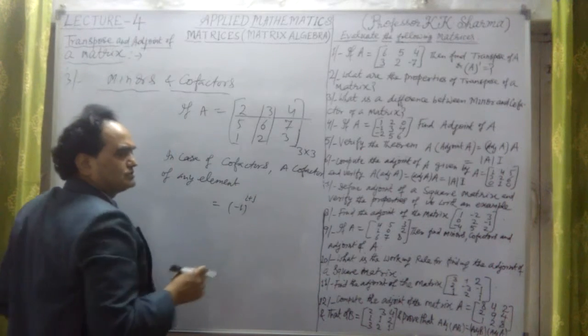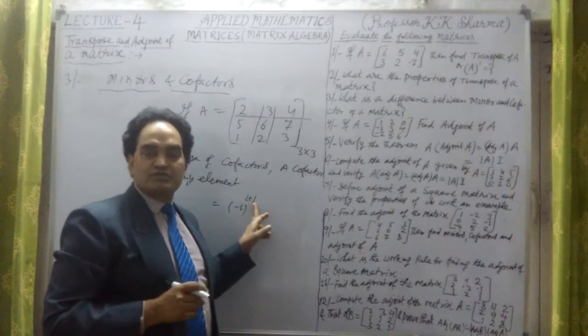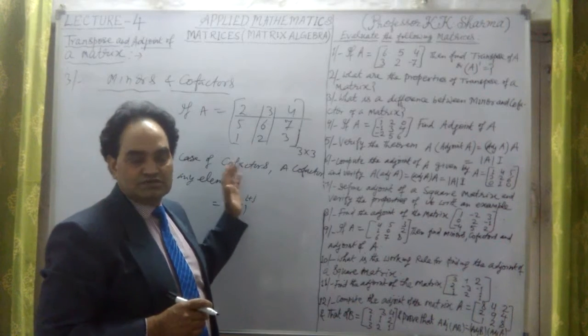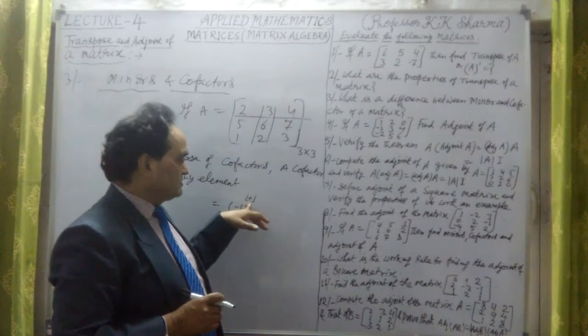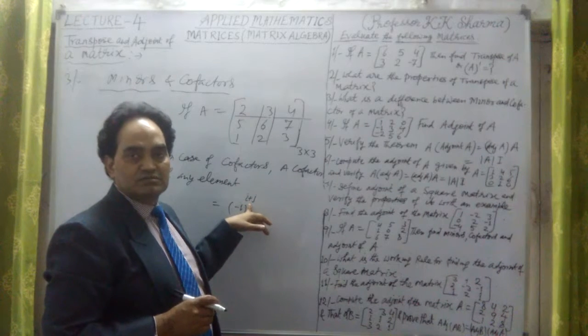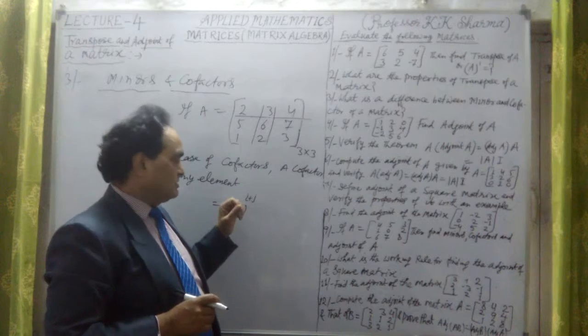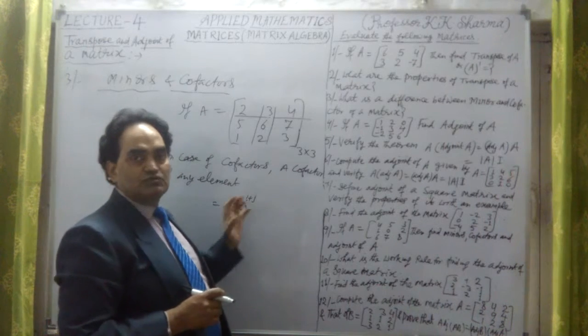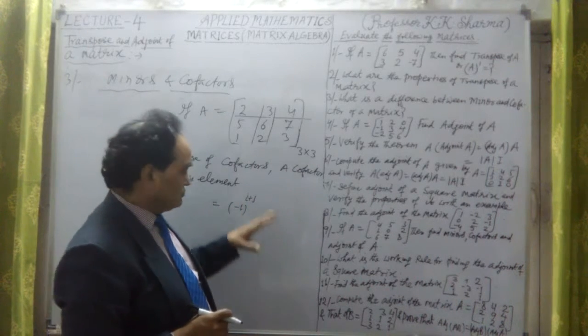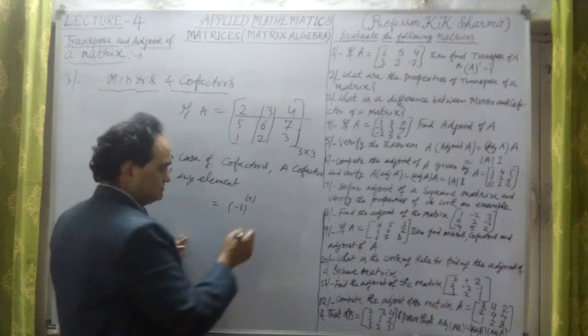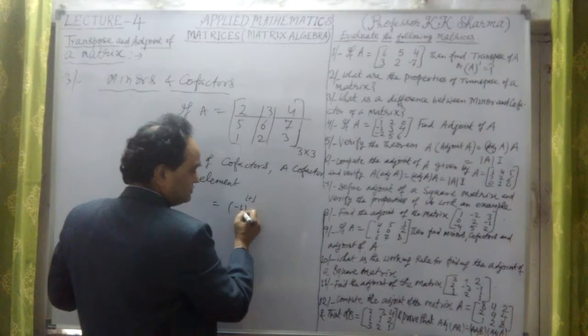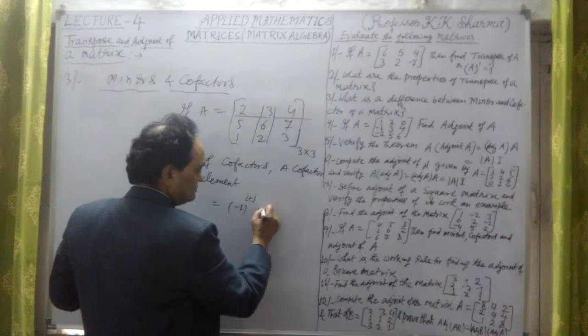It is negative or positive. If i plus j is an odd number, then minus 1 to an odd power is negative. If i plus j is an even number, for example 2 plus 2, or 2 plus 4, then minus 1 to an even power is positive. That value will be positive. So this is minus 1 raised to power i plus j into the minor.